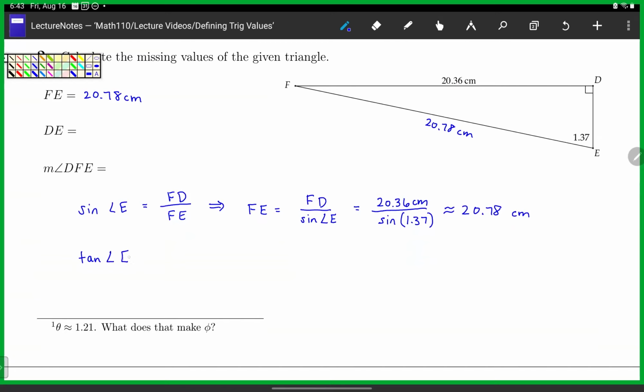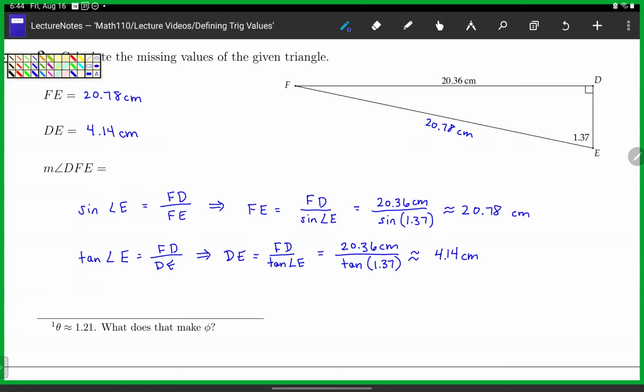Tangent of angle E is FD divided by DE, which tells me if I want to solve for DE, that is FD divided by tangent of angle E, which is 20.36 centimeters divided by tangent of this angle, 1.37. And I'm going to again use my calculator to see this is approximately 4.14 centimeters.